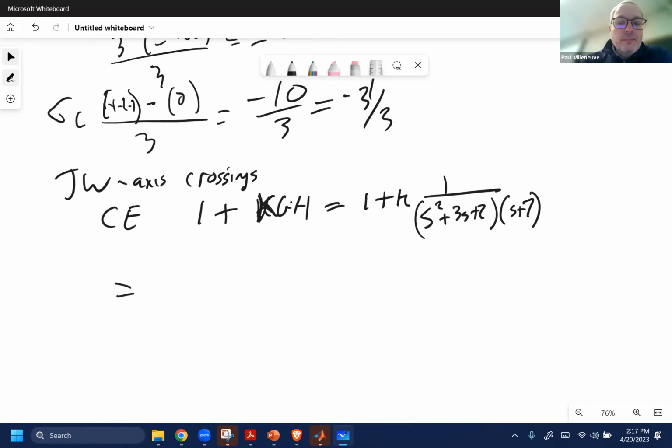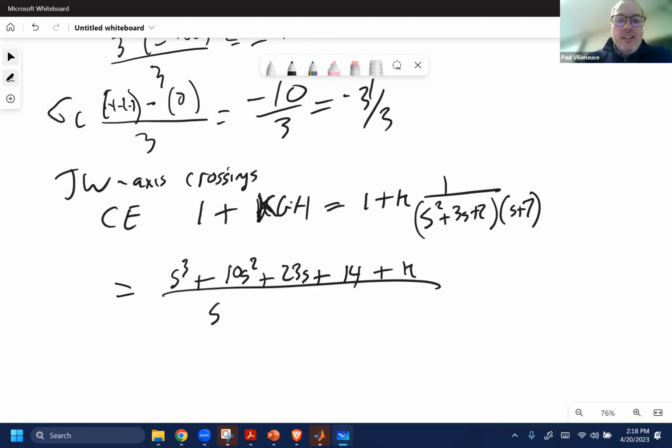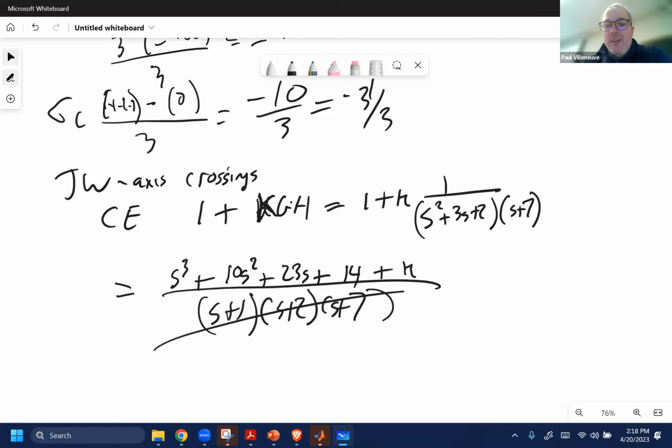Now, this is going to be equal to s cubed plus 3s squared plus 7s squared, so that's 10s squared, plus 2s plus 21s, plus 14, if I did that correctly. So I'm just multiplying up the denominator, plus k, all over s plus 1, times s plus 2, times s plus 7. I don't care about the denominator, because this whole thing is being set to 0.